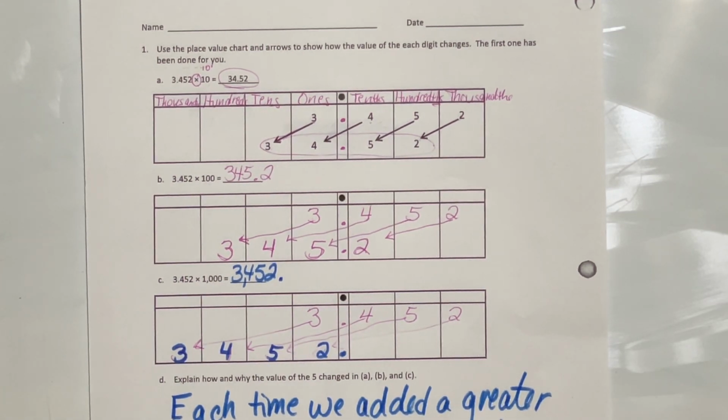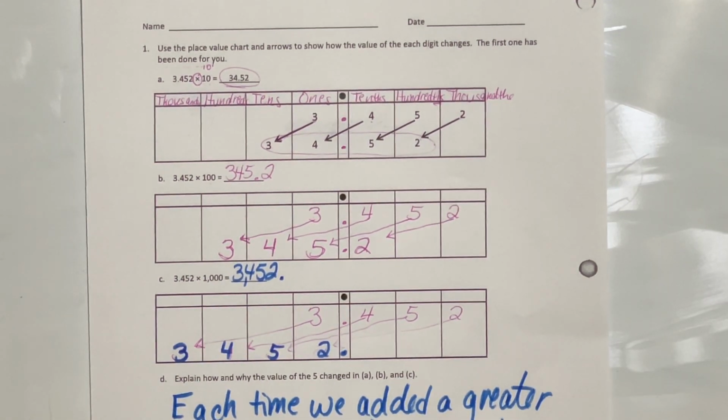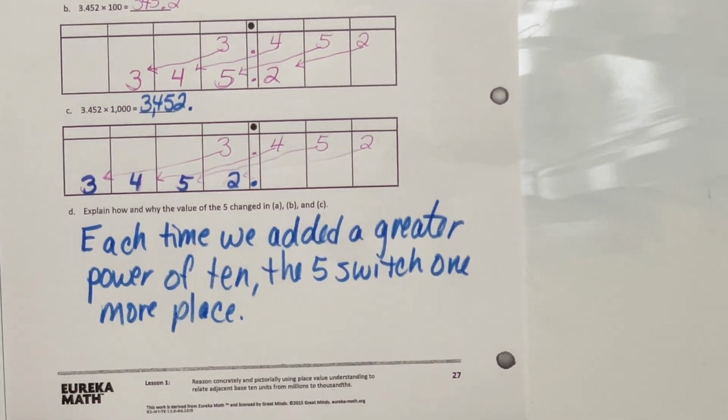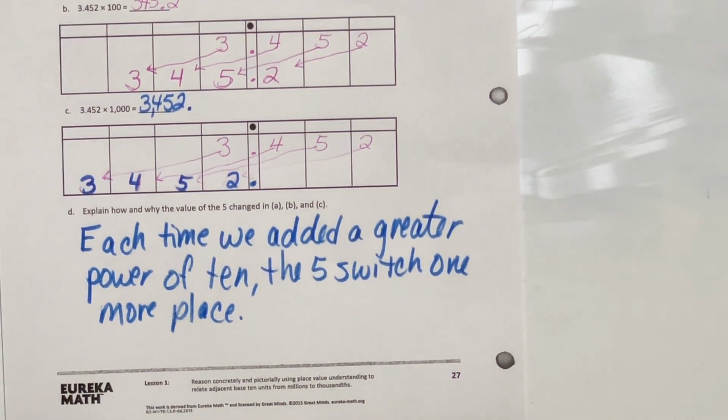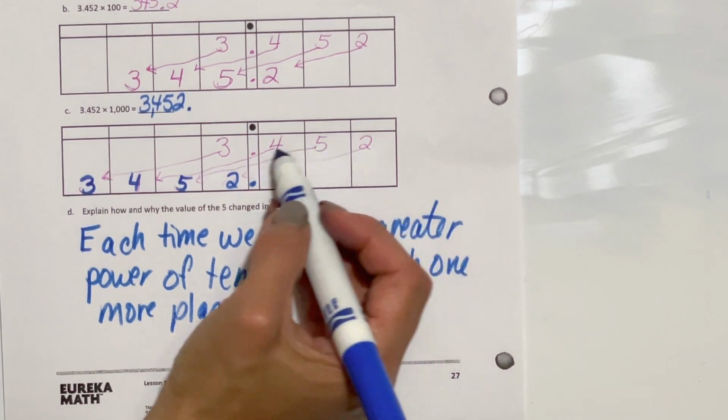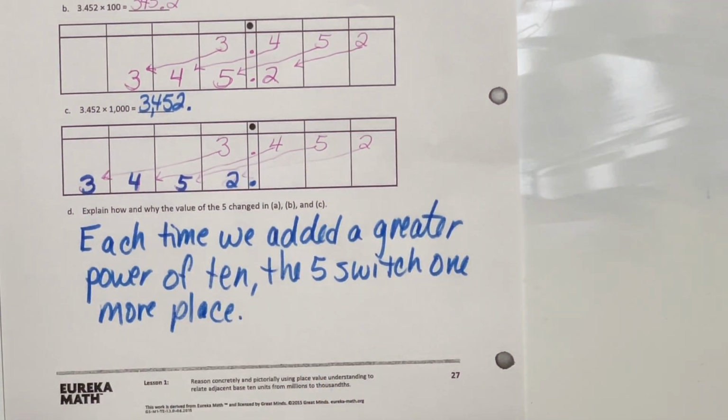Okay, so each time we added a greater power of 10. So the first time when we had a power of 10, just 10, it shifted one place because there was 1 0. So that told us to go one place. When it was 100, it shifted 2 places. There were 2 zeros, so it shifted 2 places. When there were 3 zeros, or 10 to the 3rd power, we had to shift the number 3 places. So it ended up 3 places away from where it was before. 3 places greater than it was before.